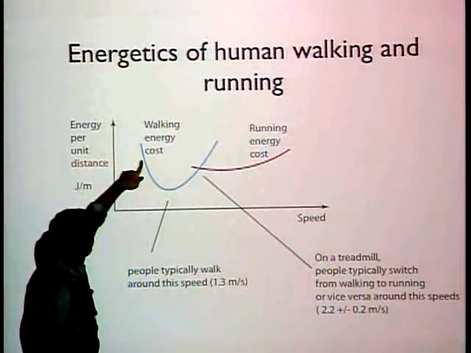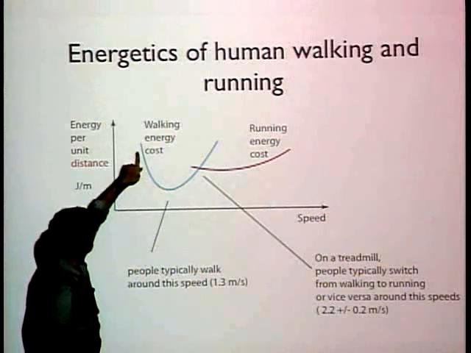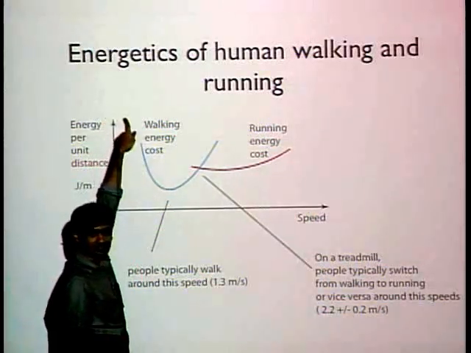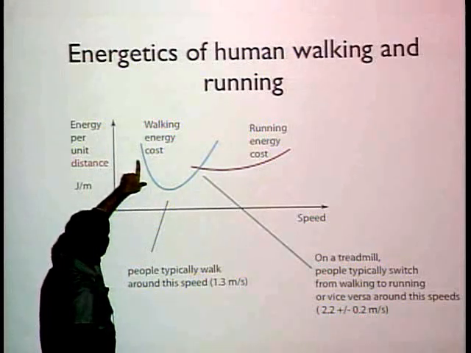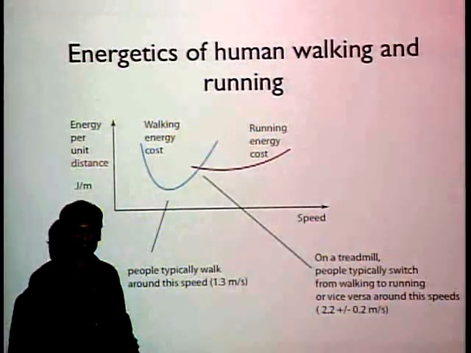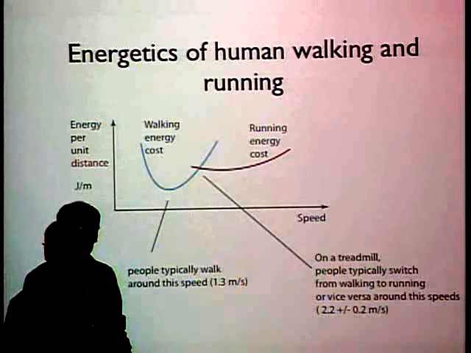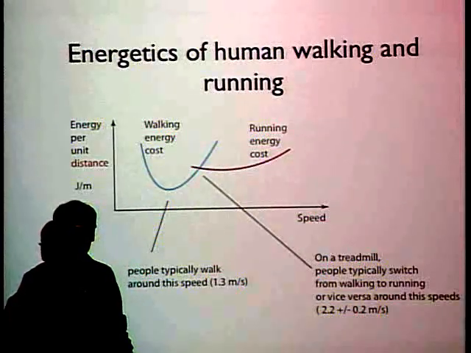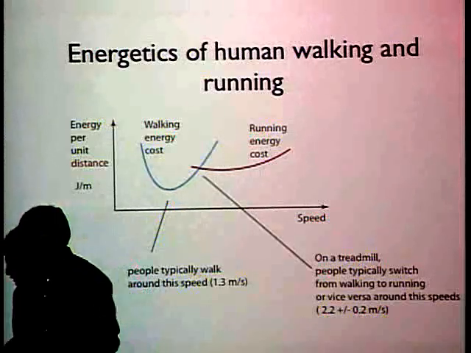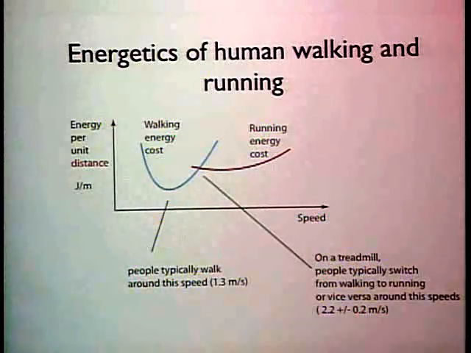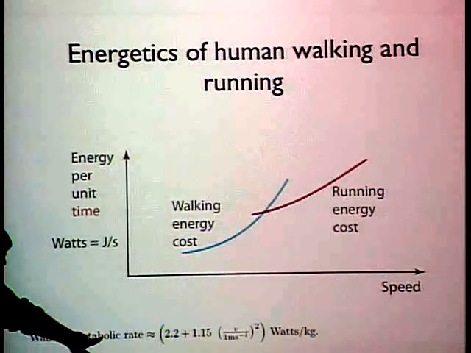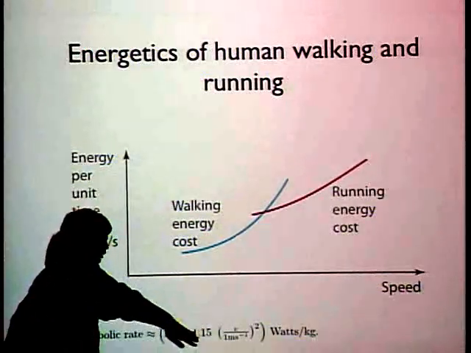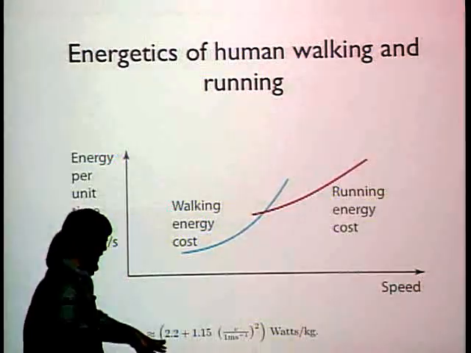It actually not only costs a lot, it actually costs infinity mathematically. And the reason is the following: if you're just standing still, it costs you something, right? The energy per unit time when you're standing still is some quantity, which is actually on the previous slide. So walking metabolic rate, I just wrote down some formula, which is a fit to experimental data.